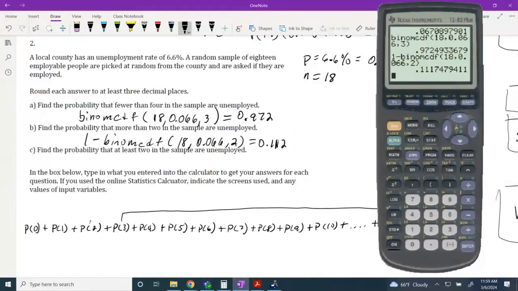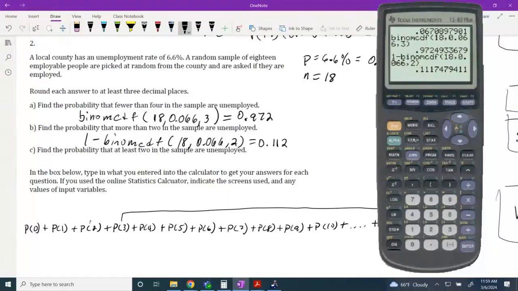So there's about an 11% chance. There's an 11.2% chance that more than 2 people we sample in that group of 18 are unemployed.